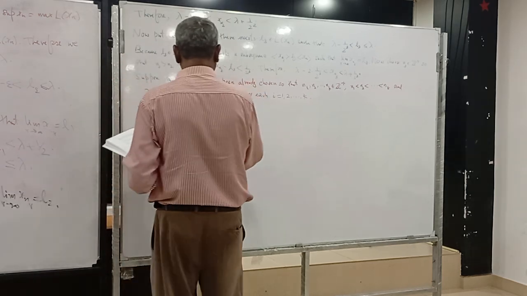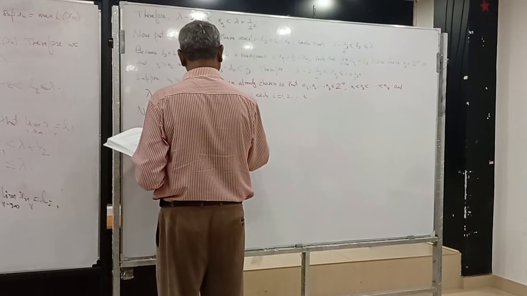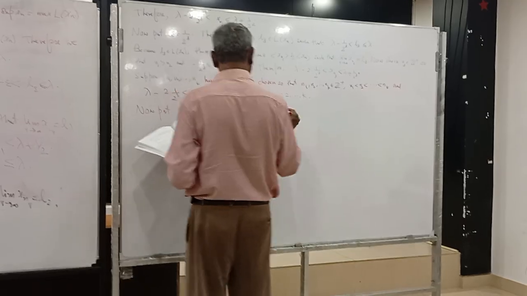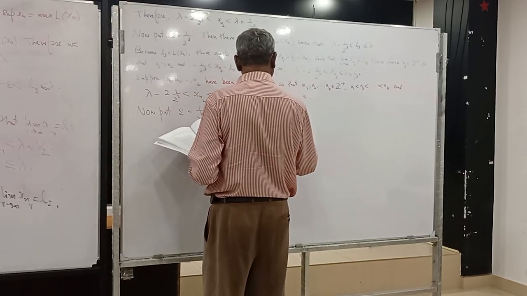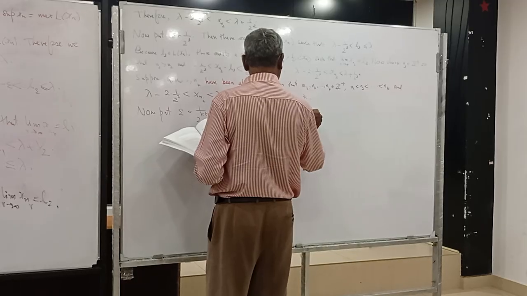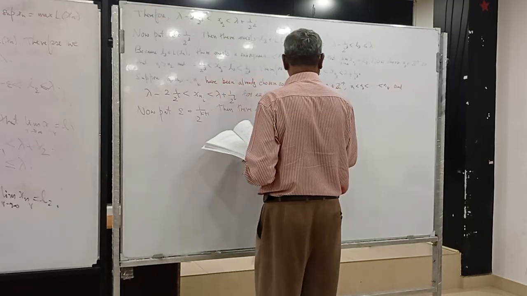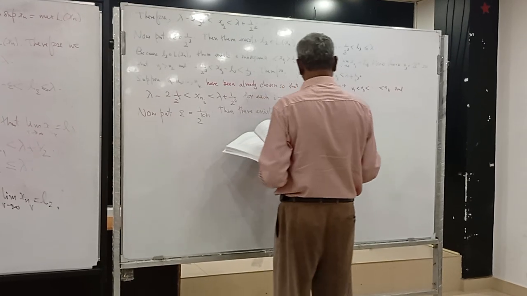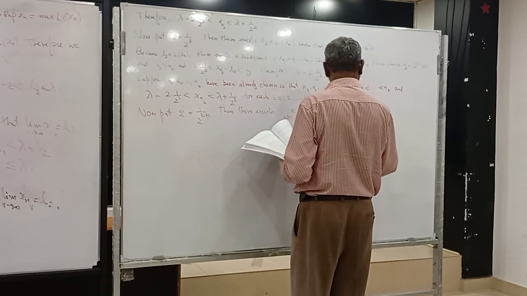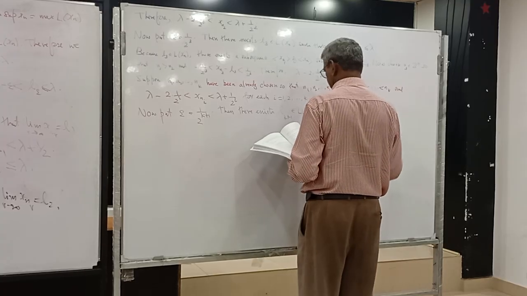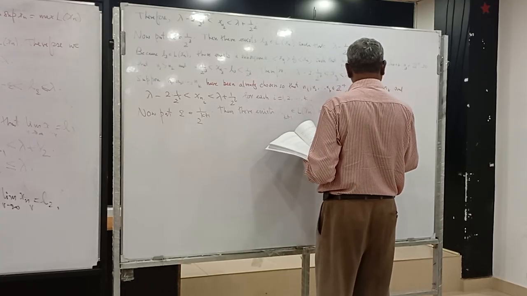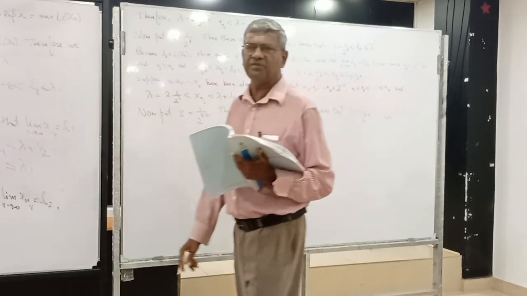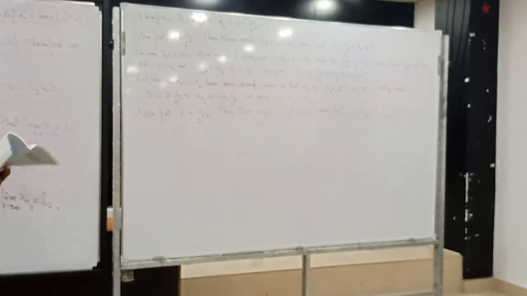Then there exists L_{k+1} belonging to L(x_n) such that lambda minus 1 over 2 to the k plus 1 is strictly less than L_{k+1}, which is less than or equal to lambda, again by the definition of sup of L(x_n).